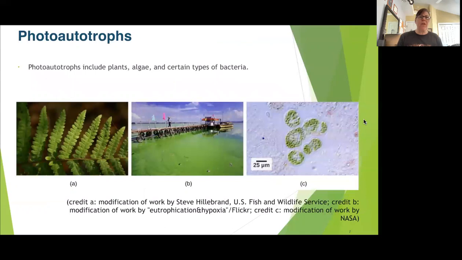Our photoautotrophs include plants, algae, and certain types of bacteria. We have some pictures here of a fern, some algae growing on this lake, and some cyanobacteria.